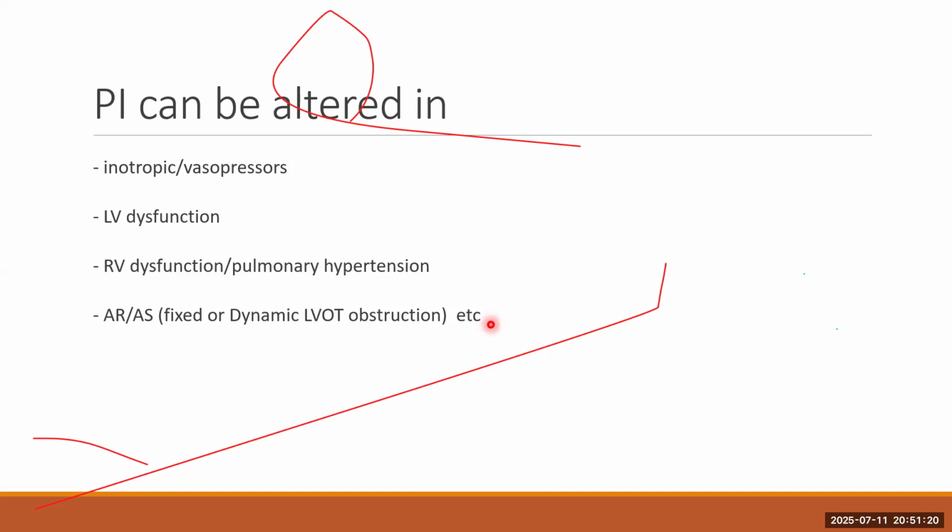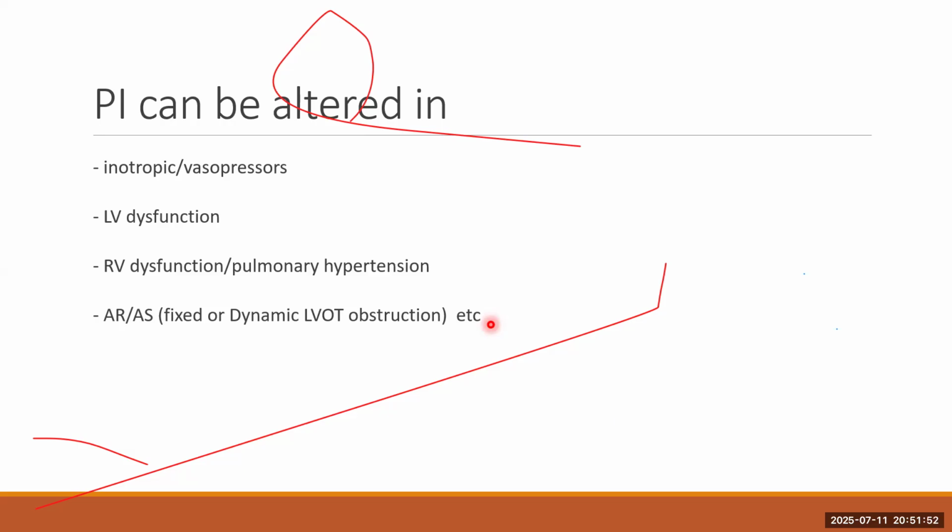So there could be inotropes or vasopressors which could alter the PI. LV dysfunction definitely alters, it increases the PI. RV dysfunction, LV and RV biventricular dysfunction also alters, along with ARDS also is known to alter the PI. And any sort of stenotic lesions, that is AR, AS, dynamic LVOT obstruction, which is more relevant in the critical care settings, can alter the PI to be more specific.